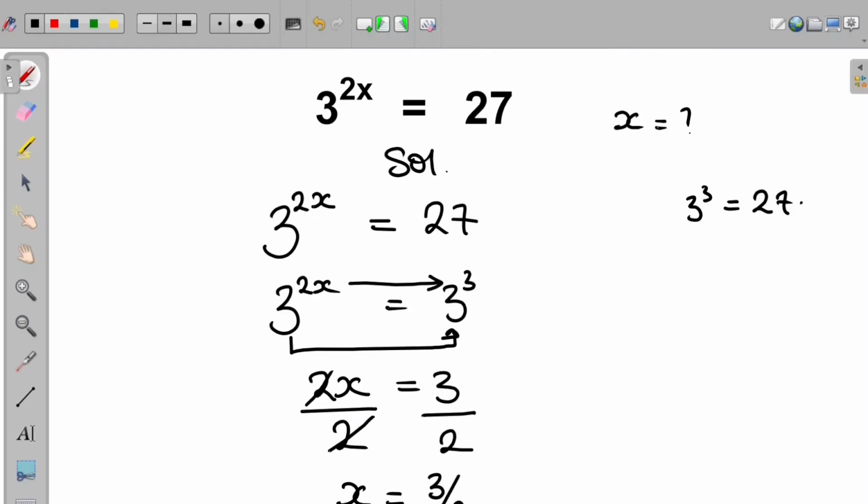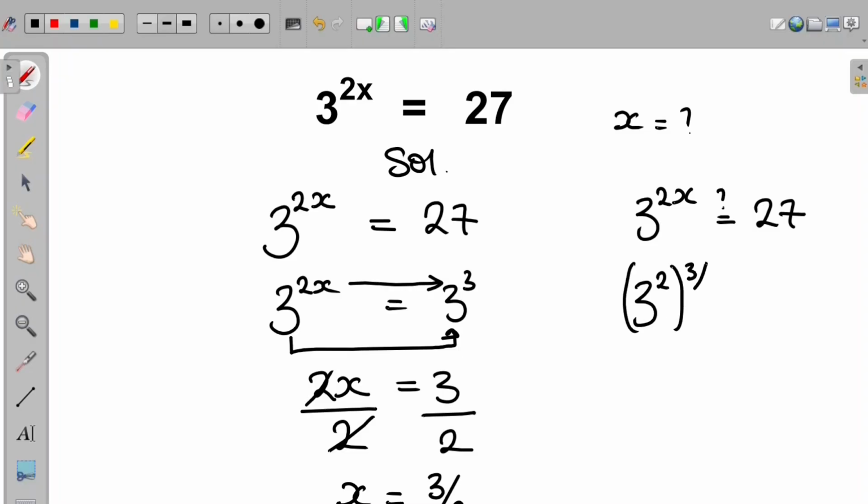So let us check if our answer is correct. The equation they gave to us is 3 raised to the power of 2x is equal to 27. Now we are back checking. We have 3 raised to the power of 2, times our value of x, which is 3 divided by 2, equal to 27.